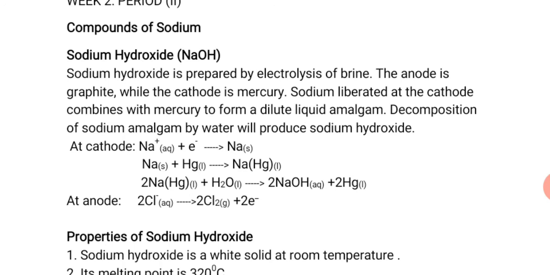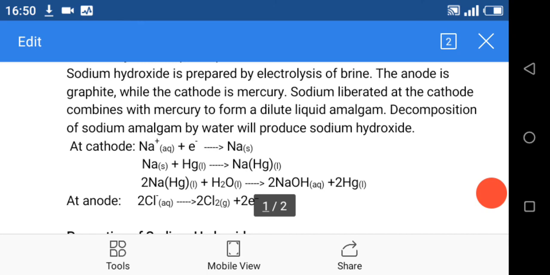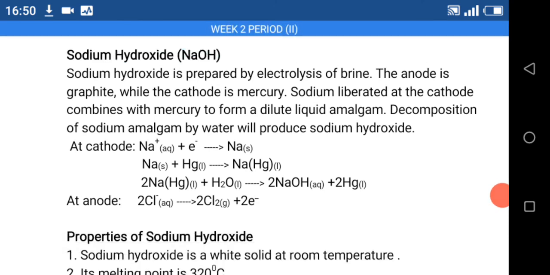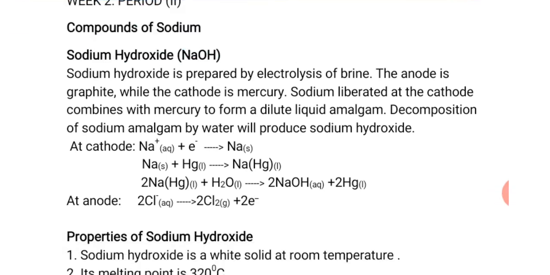At cathode, Na+ plus e- gives sodium. It means sodium ion may accept an electron and thereby deposit a sodium atom at the cathode.